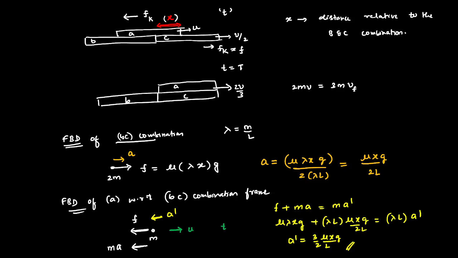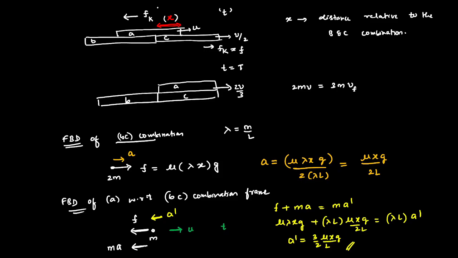Going further, now that we know these accelerations, our intention is to get the displacement of A with respect to the ground frame when A stops moving relative to BC, right? So we need to take this information and bring it to the displacements. We'll try to do that using a little bit of calculus.